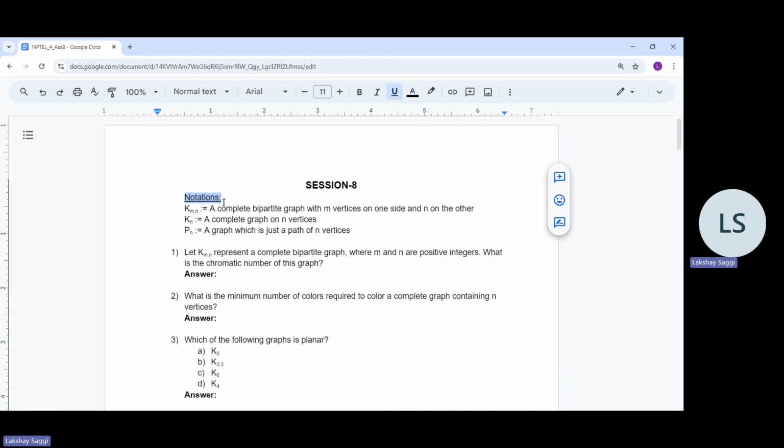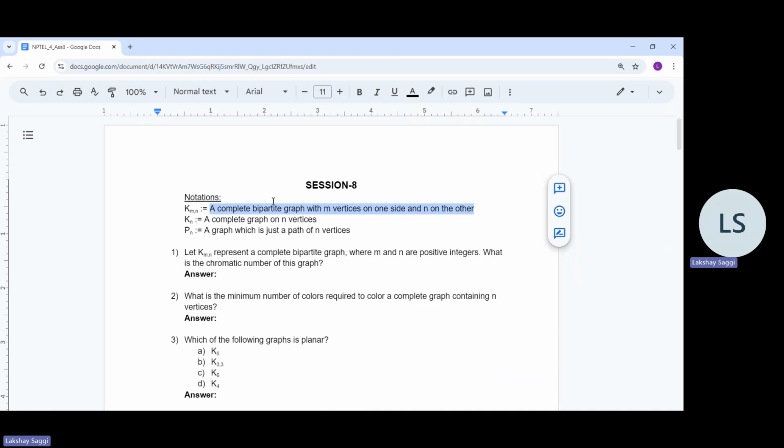So what do we mean by a K_m,n? A K_m,n is nothing but a complete bipartite graph with m vertices on one side and n on the other. As we know, in a bipartite graph, a graph can be partitioned into two sets of vertices. So let's say the first set contains m vertices and the second set has n vertices.